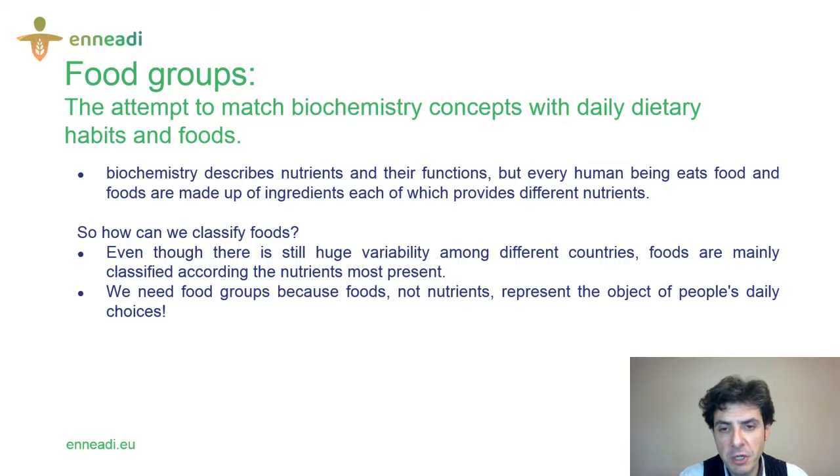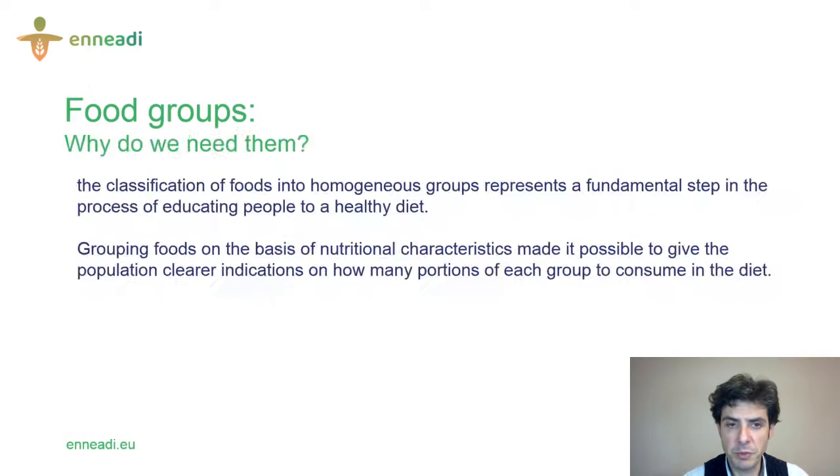He or she will better understand if the expert would say, well, you should eat some more cereals, some more meat, for example. So this is the reason why foods have been divided into groups.